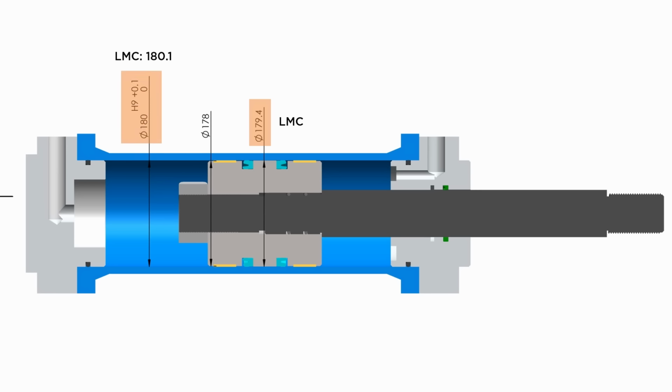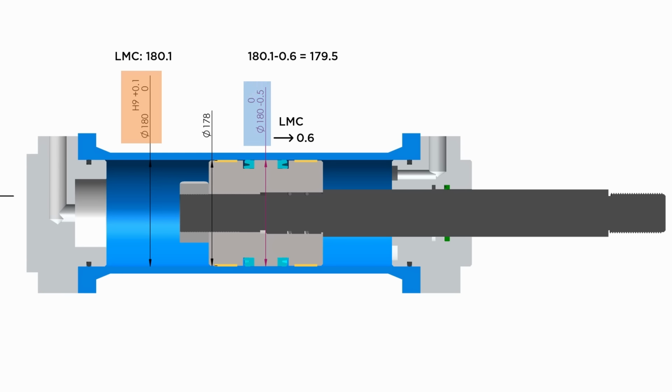And as we have to maintain a maximum clearance of 0.6 mm, so 180.1 minus 0.6, 179.5 mm. Therefore, we can define the piston E-gap step tolerance as a 180 mm nominal size with lower limit 0.5 mm and upper limit as 0.